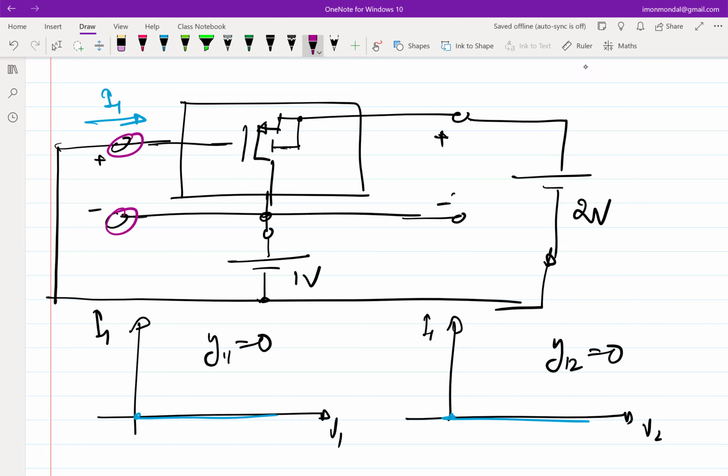I probably didn't mark out the terminals, right? If you recall the analogy of the 2-port networks, the way we were doing it at that time was this was V1, the input terminals, and this was V2. But yeah, I should have marked it out. Thank you.